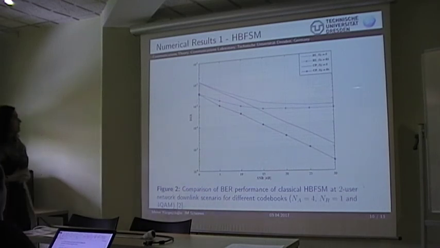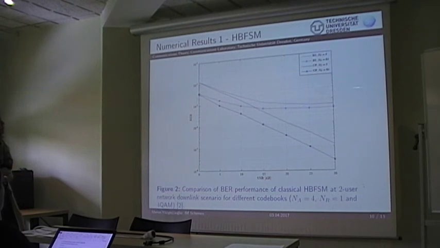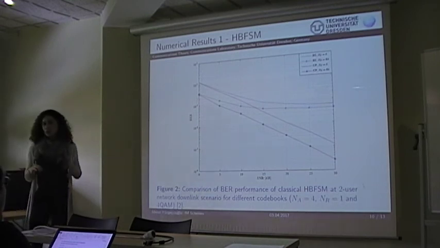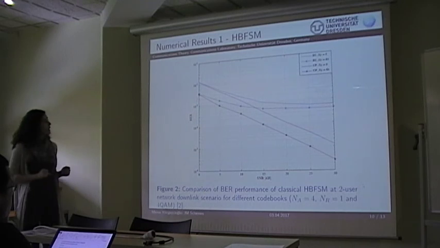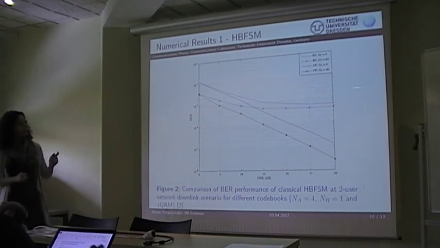Here we are looking at a two-user network for the downlink scenario, and this is the performance of one user. The difference between the blue lines and the purple lines is the codebook used for the analog beamformer. For the blue line, I have chosen the analog beamformer among beam steering columns, and we see that there is an error floor.